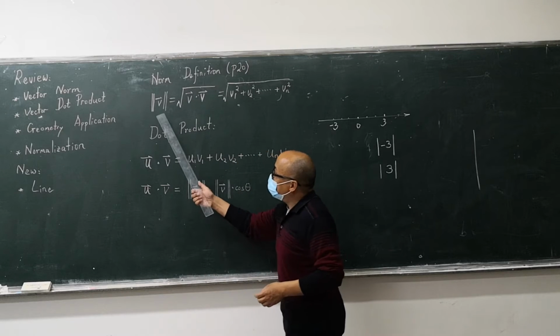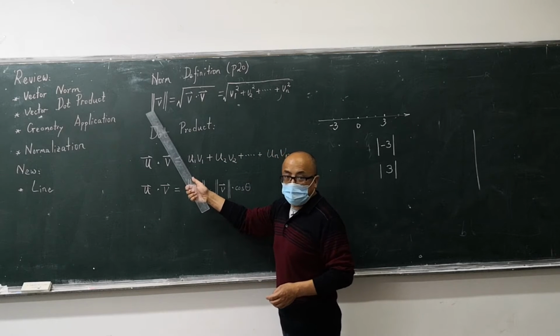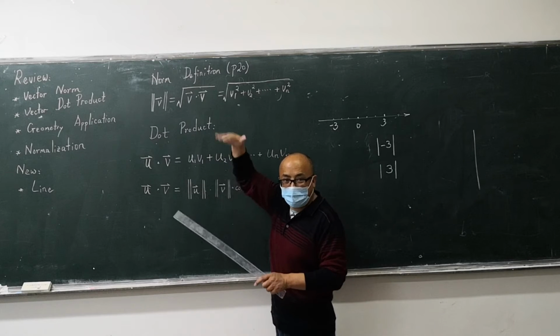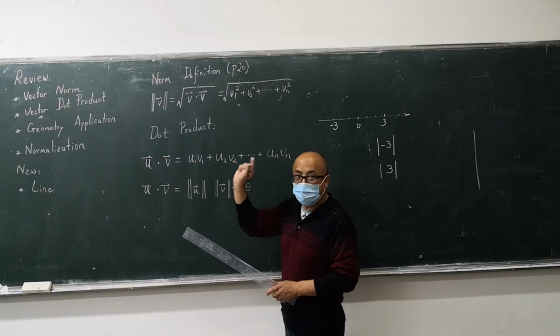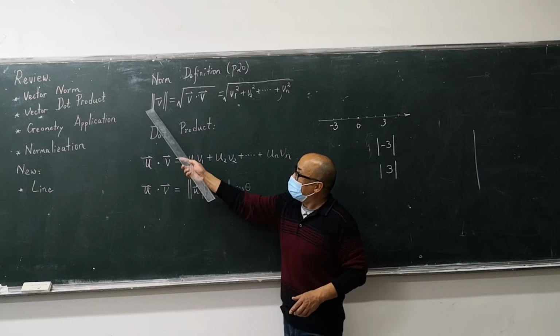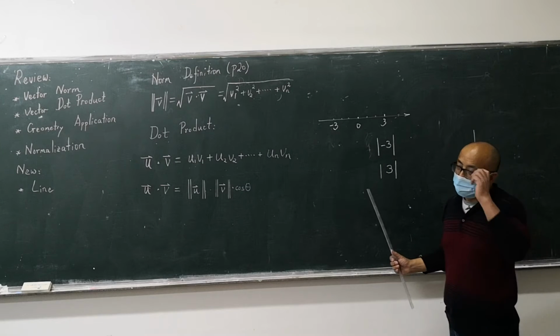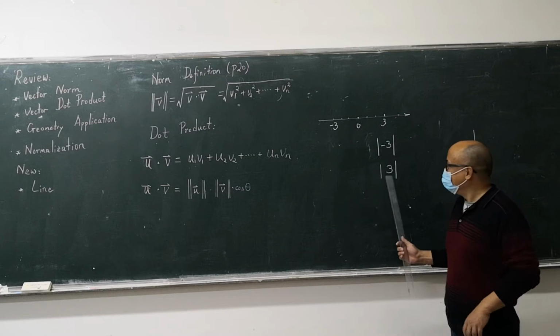So this is a symbol because we are at an advanced level. We put two bars on each side, not just one bar for absolute value.